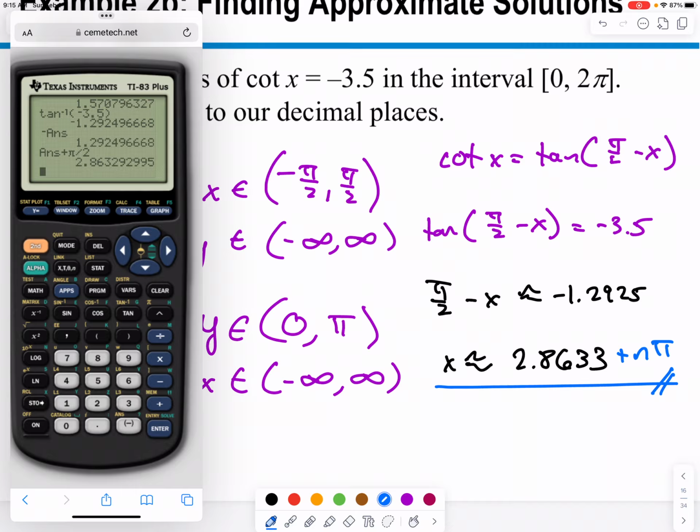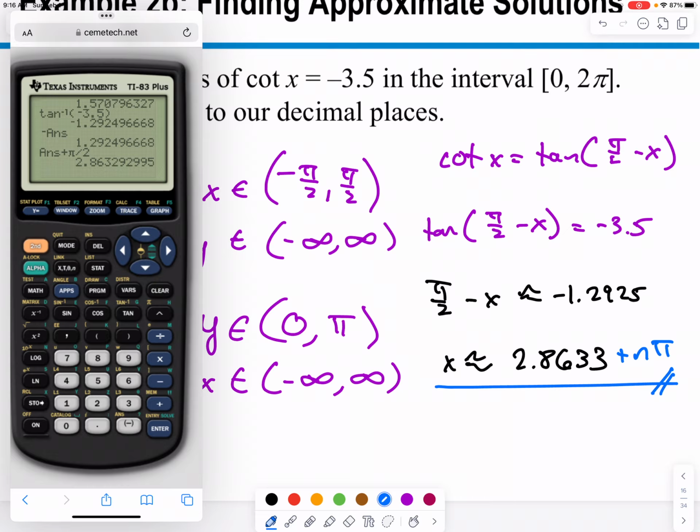We could have also done cotan of x is going to be the same as 1 over tan. All right. If we have cotan of x equals a negative 3.5, let me think about that. So then tan of x should equal 1 over a negative 3.5, right? All right, let's see if that works.